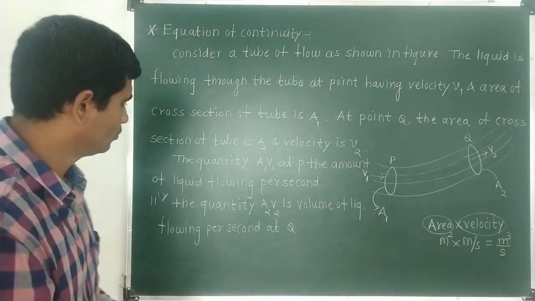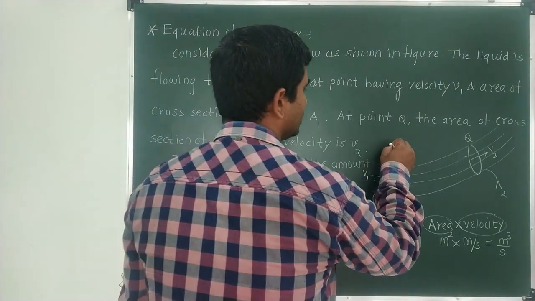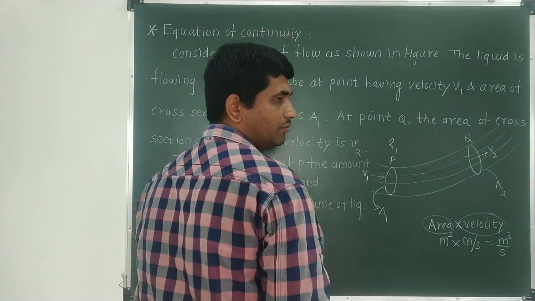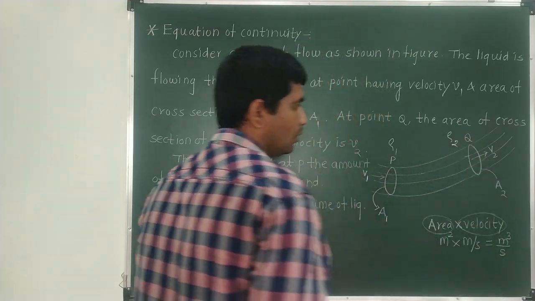Okay, now if I consider the density of the liquid at point P, it is ρ1, and the density of the liquid at point Q is ρ2.